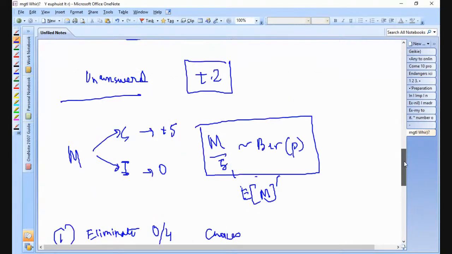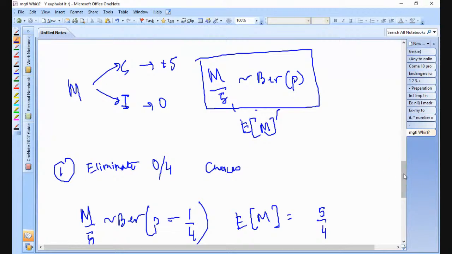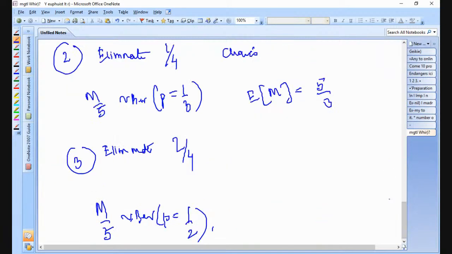So we have the expected value of M equal to 5 by 2. That is 2.5. It's greater than 2. Here it is less than 2.